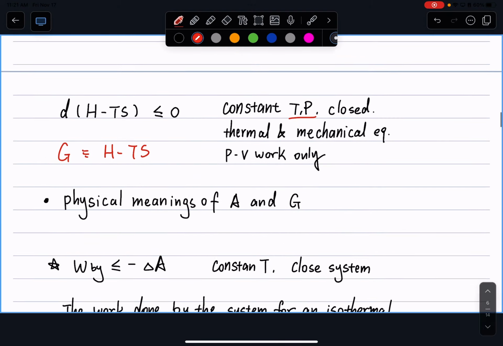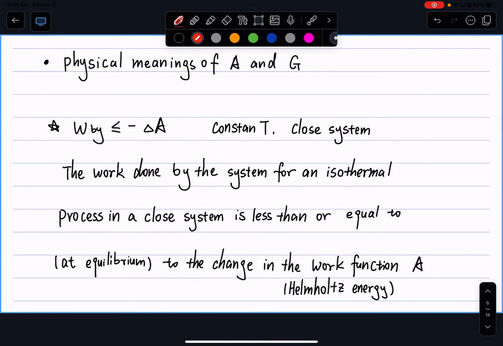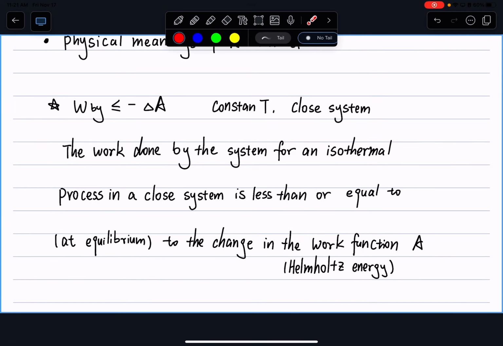We also went over the physical meaning of Helmholtz free energy and Gibbs free energy. For the Helmholtz free energy, we're saying the work done by the system is always smaller than or equal to negative delta A. So calculating delta A tells you how much total work your system can do.